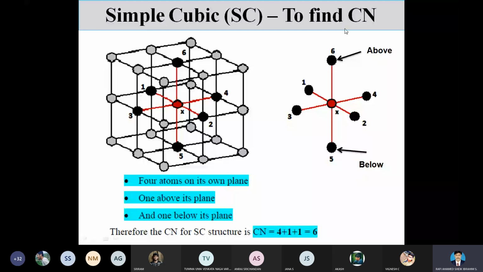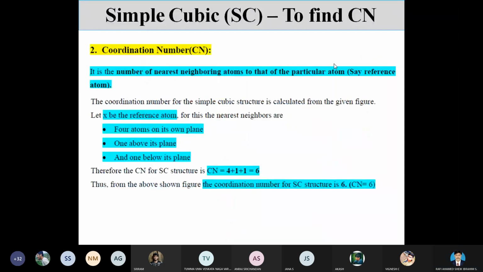So these atoms are the only nearest neighbors to that particular atom X. So we can write that the coordination number for the simple cubic structure is Cn is equal to 4 on its own plane, 1 below the plane plus 1 above the plane. So the total number is 6. So this will be the second parameter.